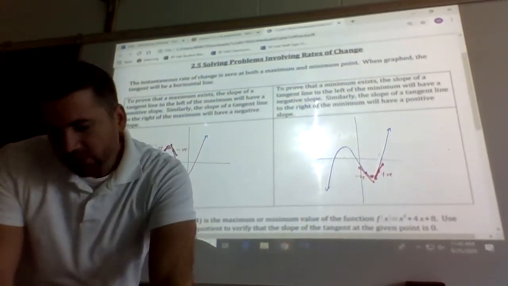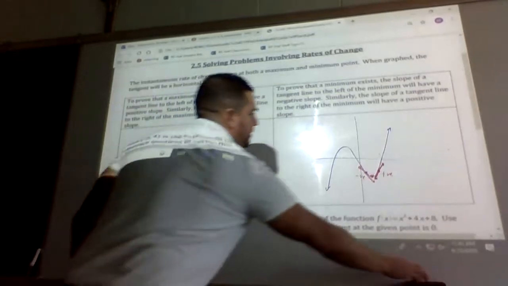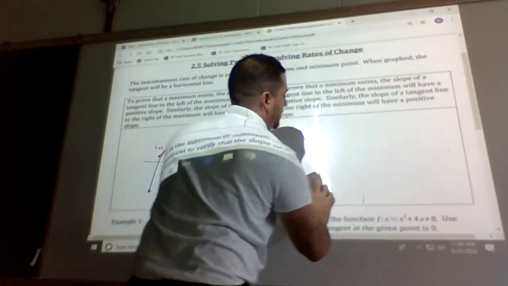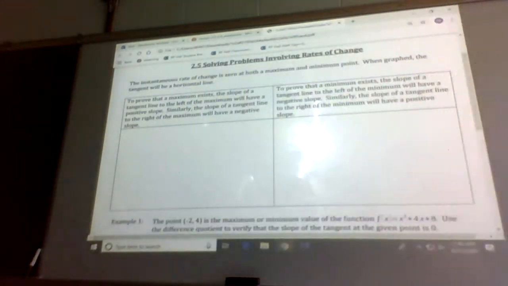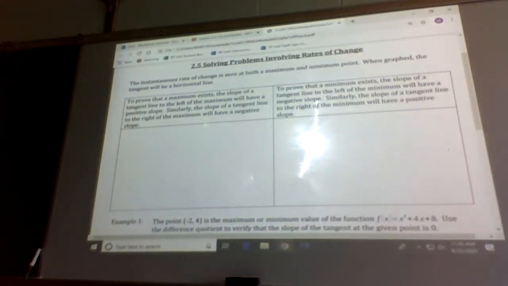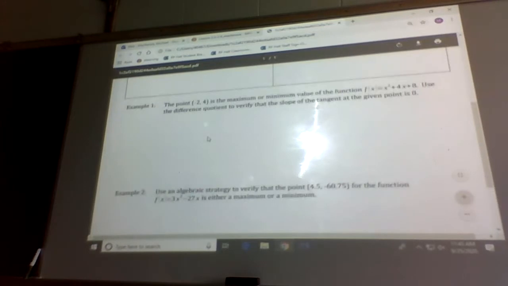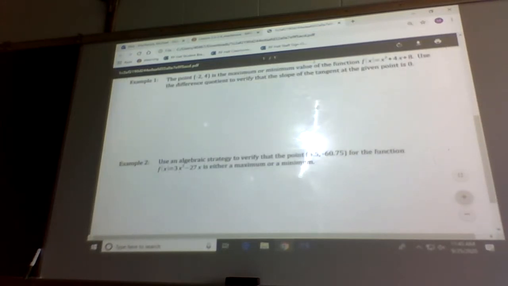Okay, so the point -2 and 4. The point -2 and 4 is the maximum or minimum value of the function here.